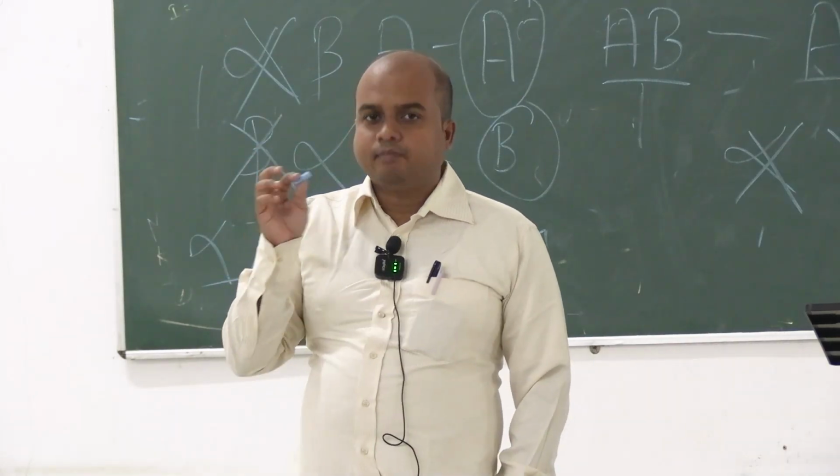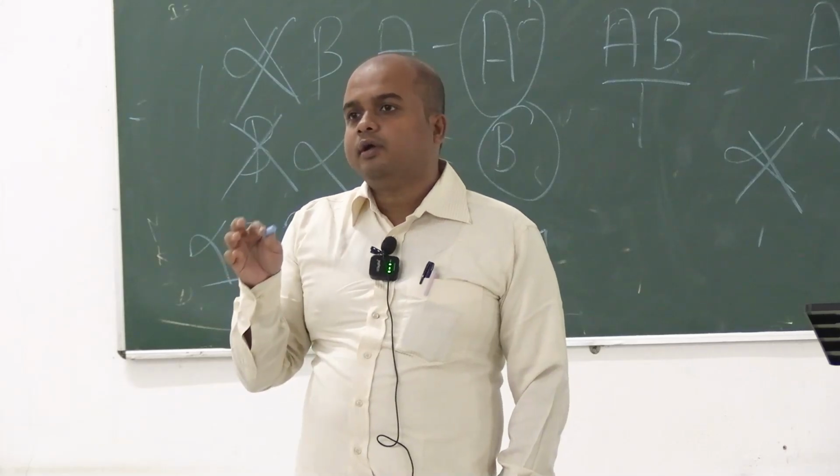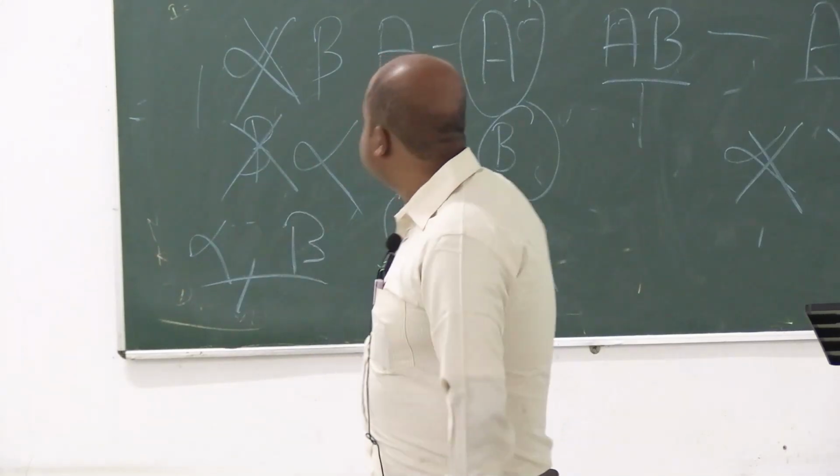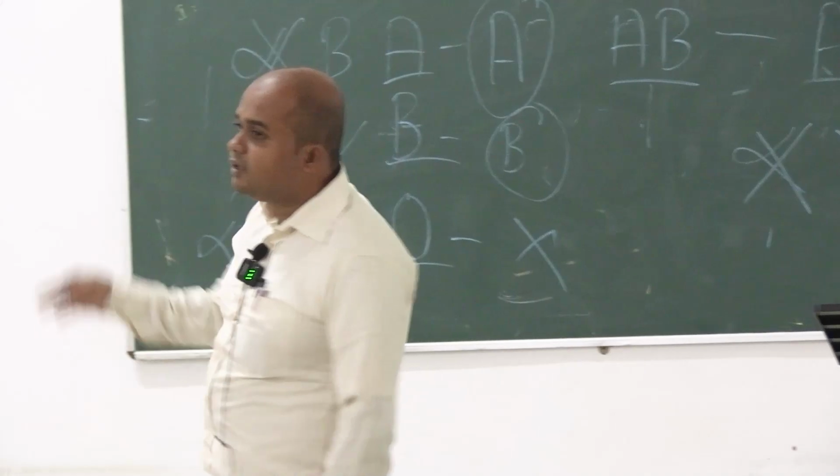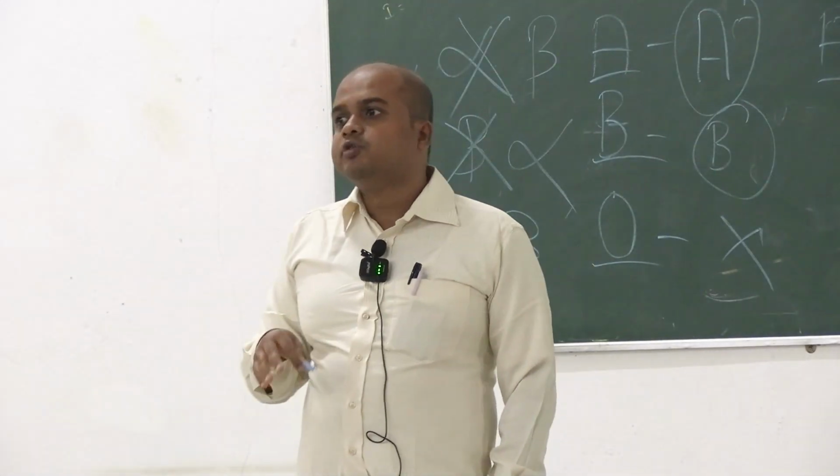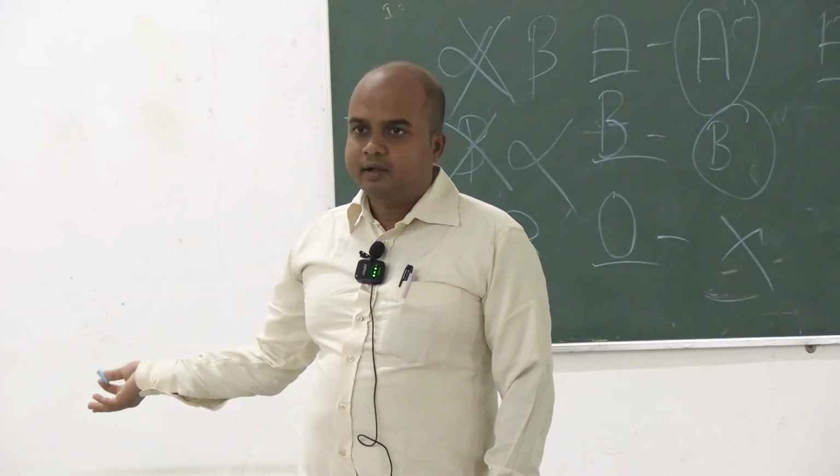You will get these colored antisera; a substance containing alpha will agglutinate A.